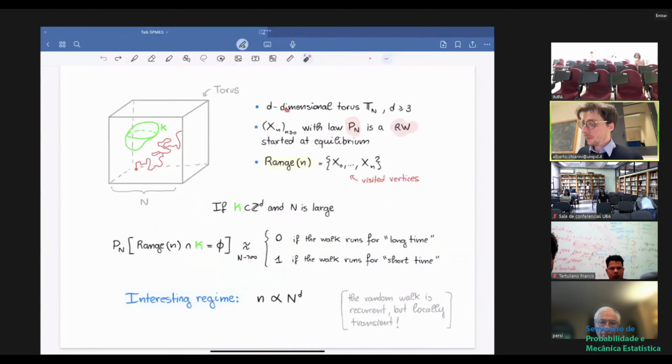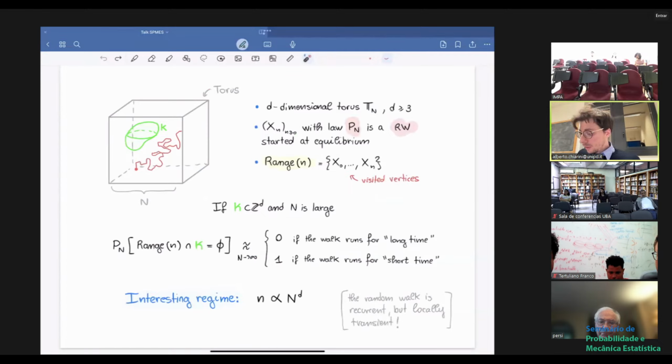We have a d-dimensional torus, T_n. We still are in dimension d greater or equal than 3, and n is the side length of the torus. And then we look at a simple random walk started at equilibrium and its range, the set of points visited. These are the corroded points.